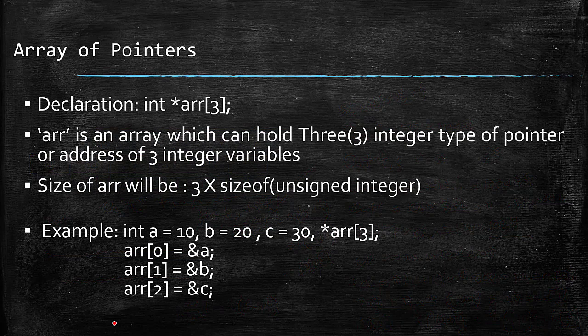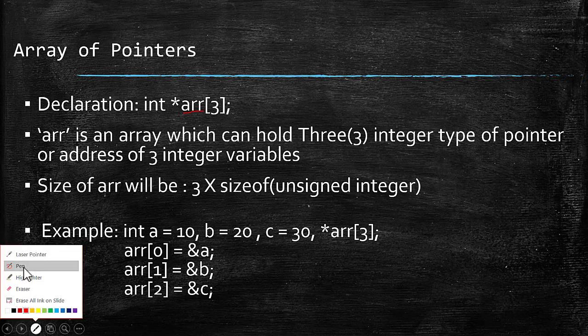Now let us discuss an array of pointers. It is an array which can hold the addresses of other variables of the same type. Let us come to the declaration part first.